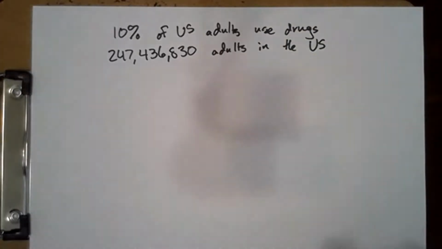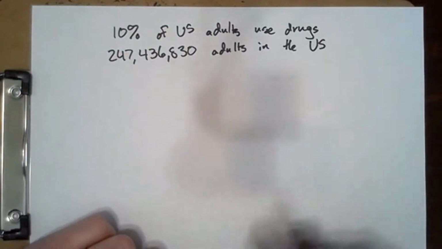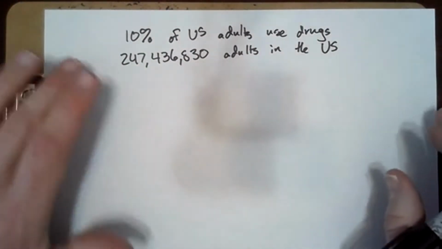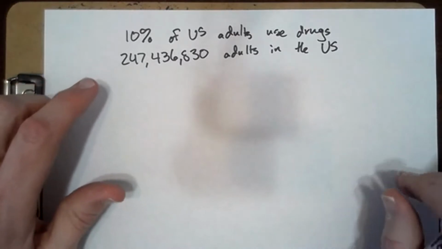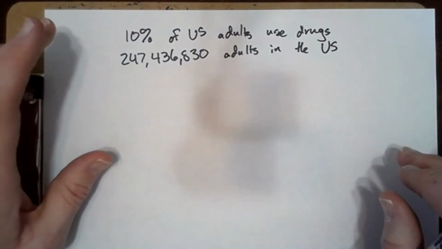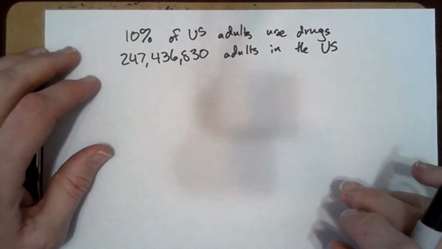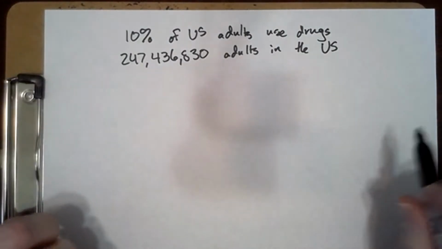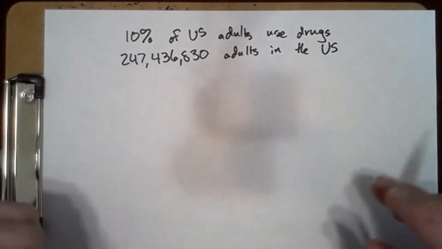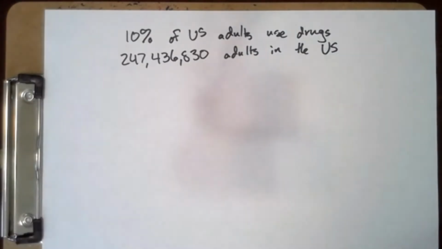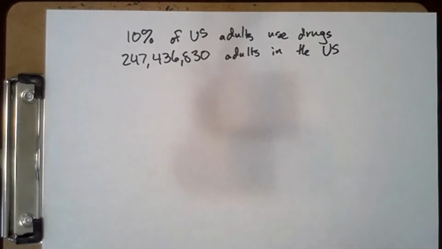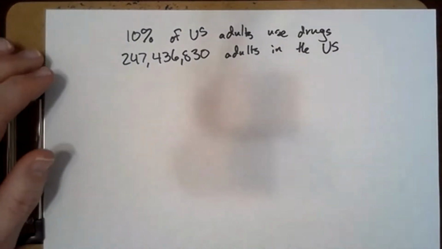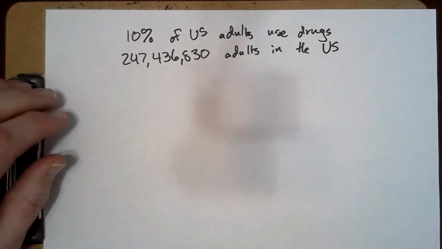Well, if we select 3 adults with a 10% chance of each, 3 is a lot less than 5% of 247 million, let alone 247,436,830. Because it's less, we can apply the 5% rule for cumbersome calculations and just assume that we're doing this with replacement, even though technically we are not.